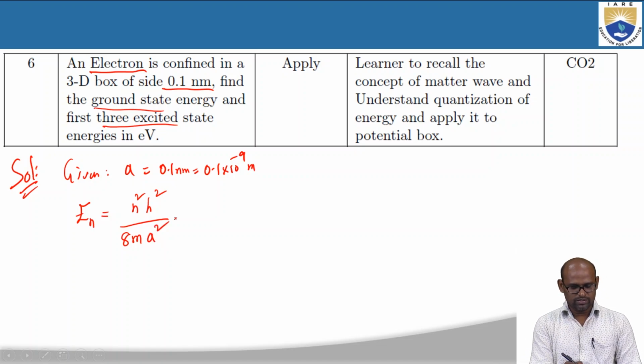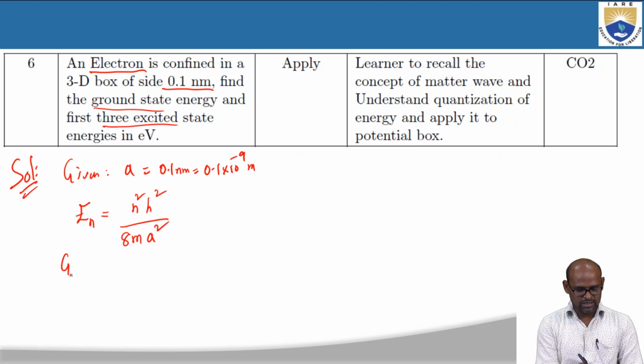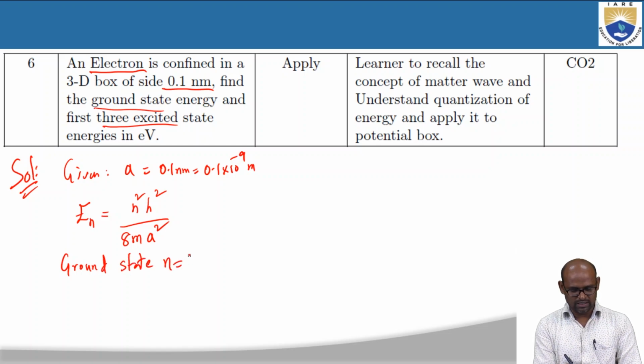Okay. So by substituting the values of Planck's constant, mass of electron and length of the box, we can calculate the energy. So they have asked us to calculate the ground state energy. The ground state is given by n is equal to 1. So that will be E1. E1 is n square, so n is 1 square, h square is 6.626 into 10 power minus 34 whole square.